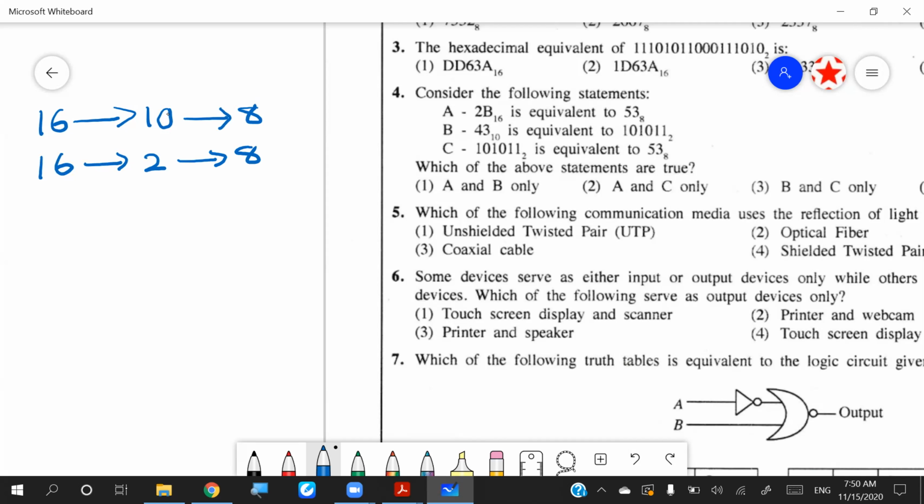All right, so let's check. So we are taking 2B16. I'm going to convert this into the binary part, right? So how are we going to convert this into binary? We are going to write these things.